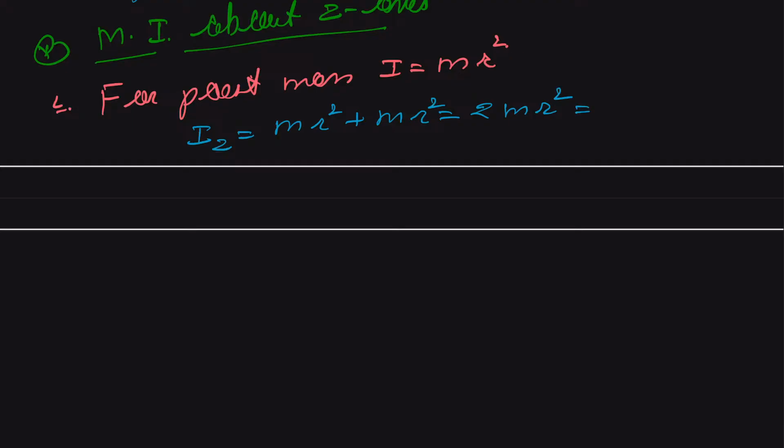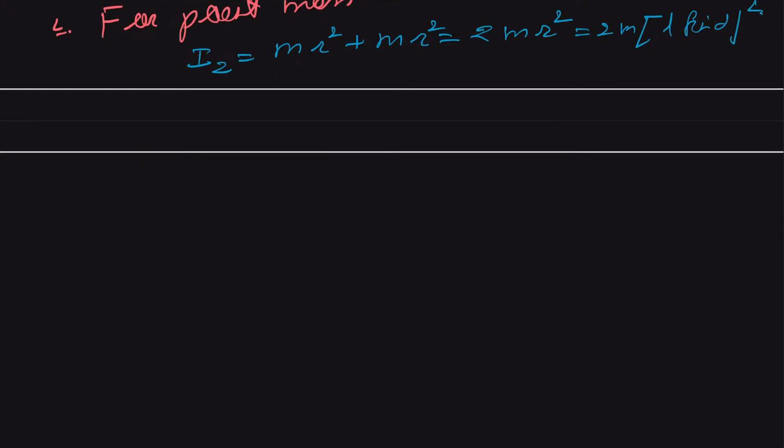We get 2 times m, and r is L sine of alpha whole square, so Iz will be equal to 2m L square sine square alpha.